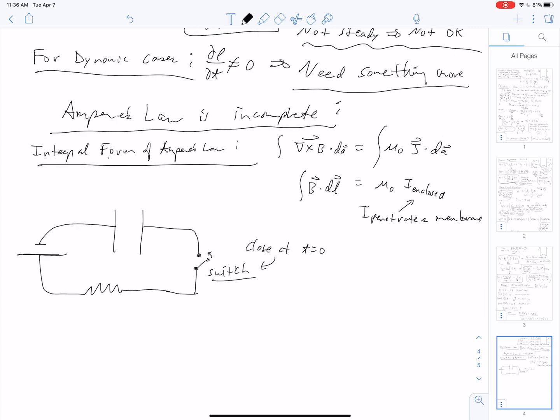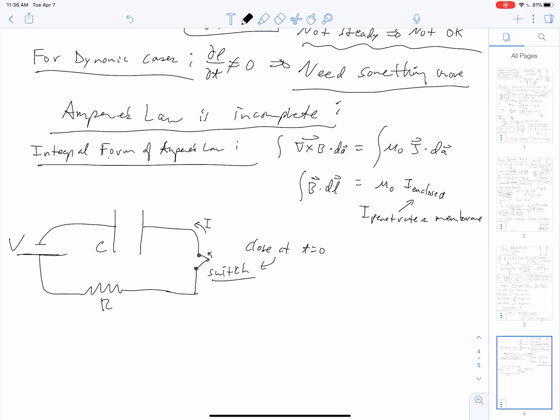Then of course current will flow after I close the switch. This is some resistor, this is some capacitor, and this is some battery voltage. And you know that current will flow to charge up that capacitor.